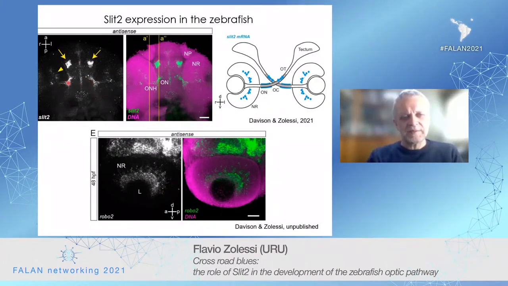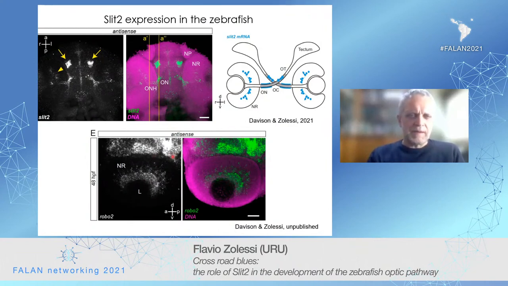And indeed, SLIT2 is expressed all along the optic pathway, and these are the optic nerves, and also here the optic chiasm, and all along here we have expression. And also ROBO2 is the main robo expressed at the level of the retinal ganglion cells at the right time. So this could be an interesting pair to look at.